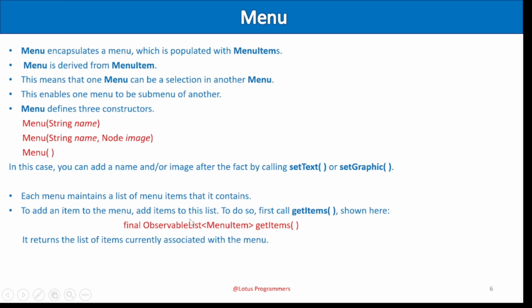In order to add menu items to the menus, we have to retrieve the observable list of the menu. To get the observable list, we will call the getItems method from the Menu class. The getItems method returns the observable list. To the observable list, by calling the add method, we will add the menu items.